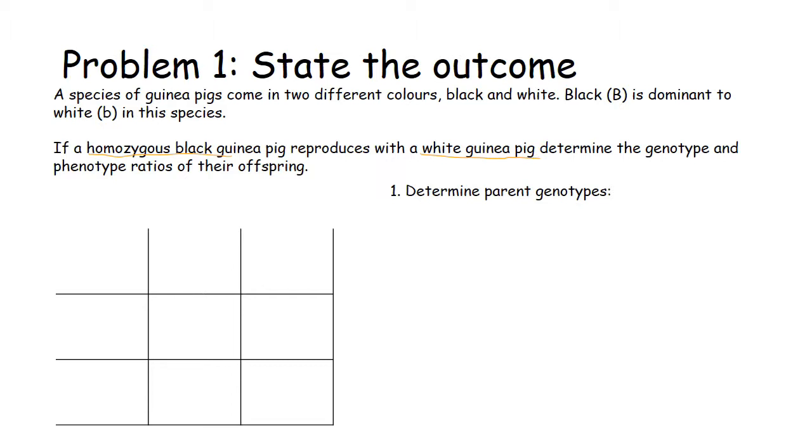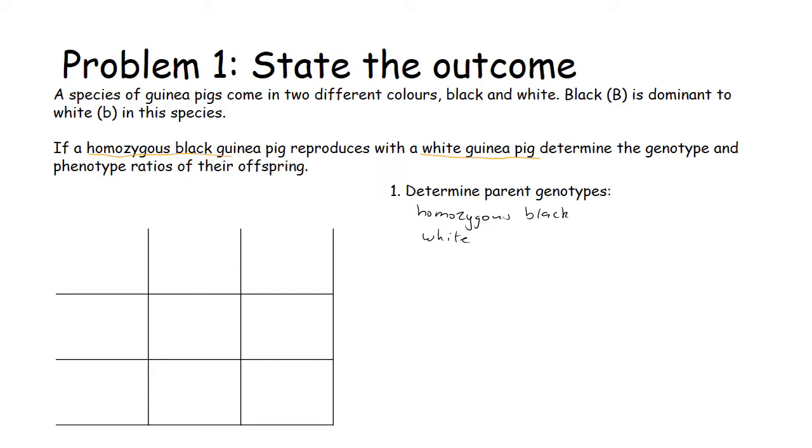Now, since this is our first problem, I'm actually going to color code the alleles that come from each parent. That way you can see pretty clearly within the Punnet square exactly where each allele goes and how you're supposed to do the crosses. So we've got one genotype for our homozygous black, and we also have our white.